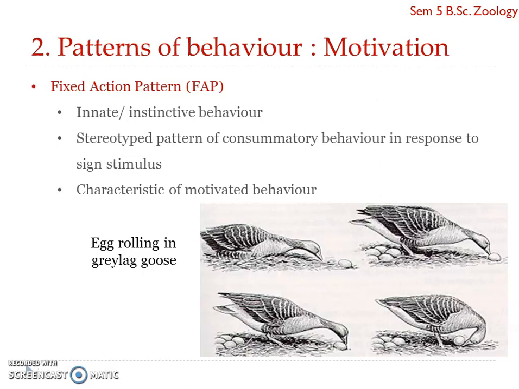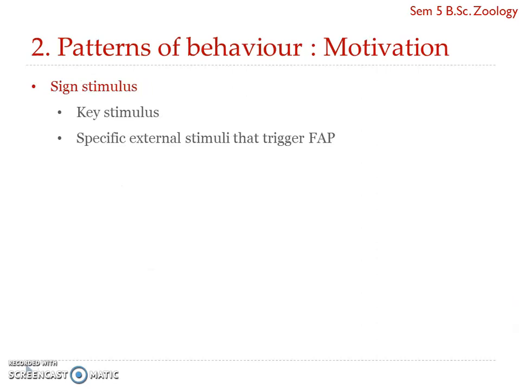This action is performed automatically. Here the sight of an egg outside the nest acts as a stimulus, and that is what triggers the egg rolling behavior. This stimulus is referred to as a sign stimulus or key stimulus.